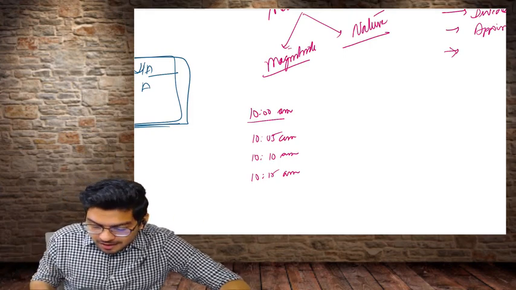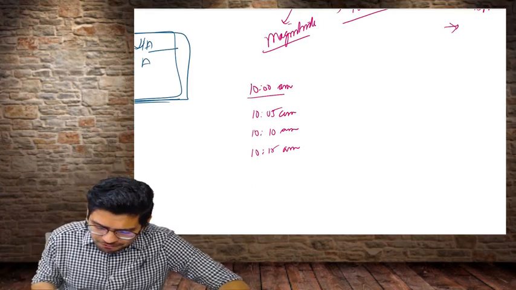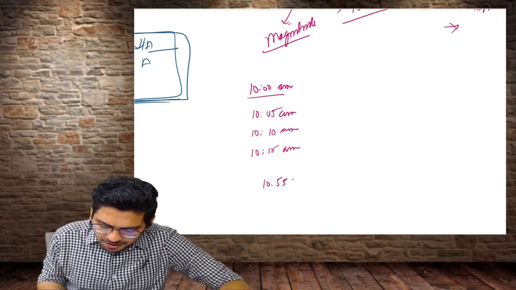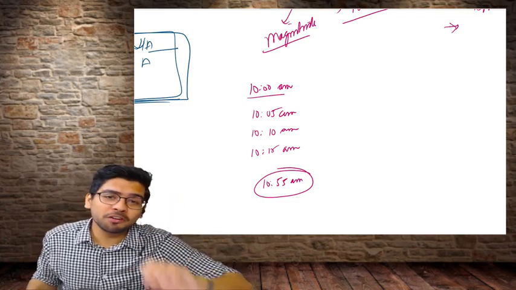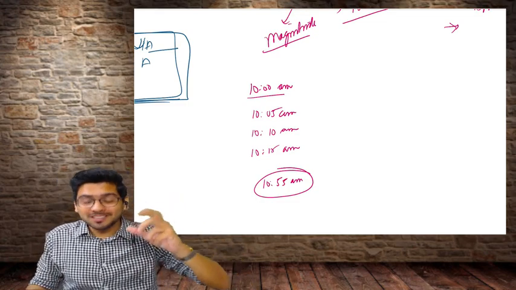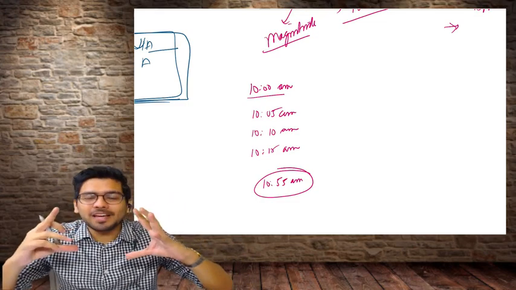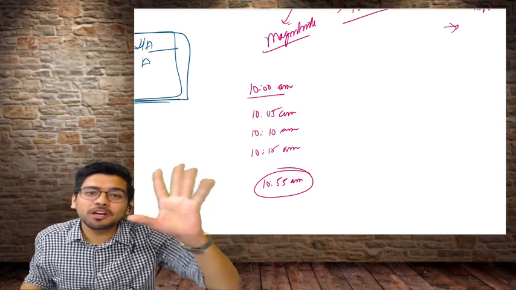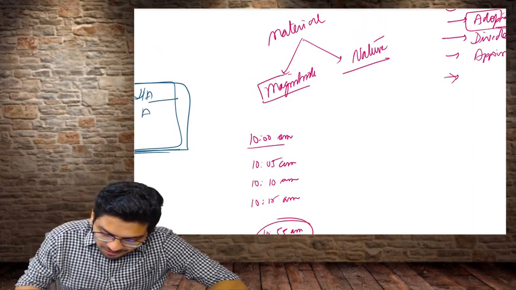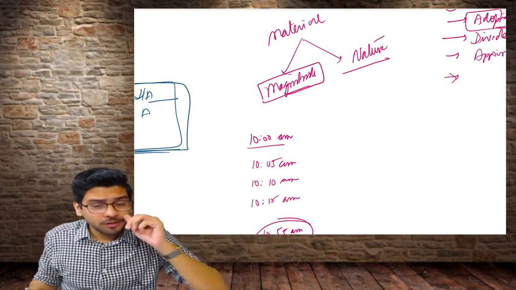But let's say on one fine day, you reach office at 10:55 a.m. Probably you are going to get a scolding from your boss here, because now the magnitude of the delay has increased and it has become a material delay. So you will get a scolding from your boss. So materiality is here because of magnitude.